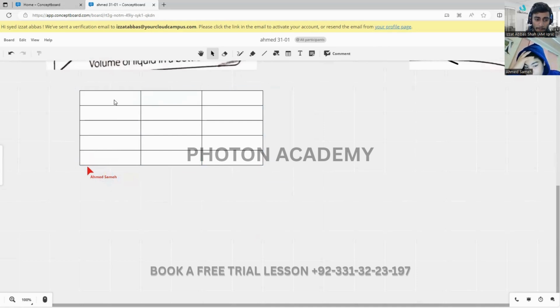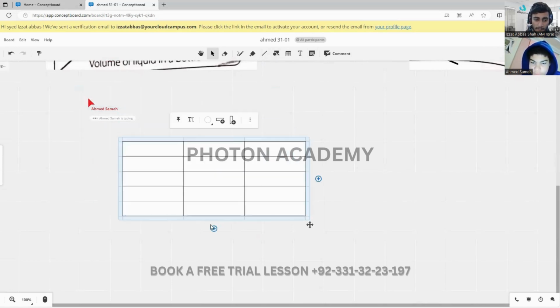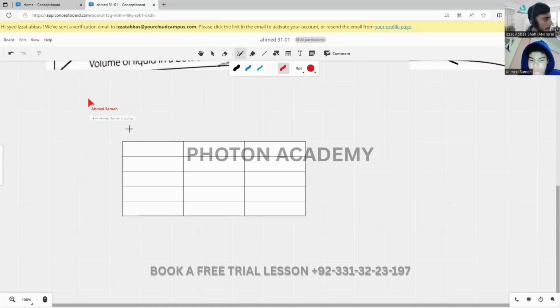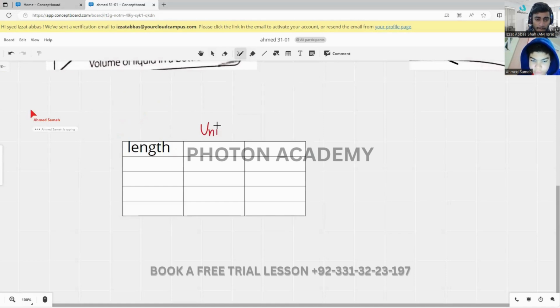Type here, use your typing tool. Type name of physical quantities, and then unit. Just here. Wait. Okay. Physical quantities, unit and symbol.